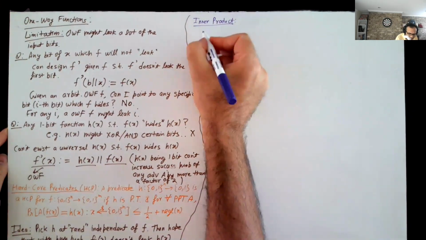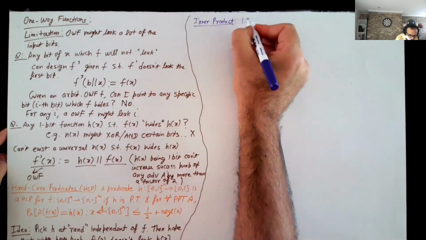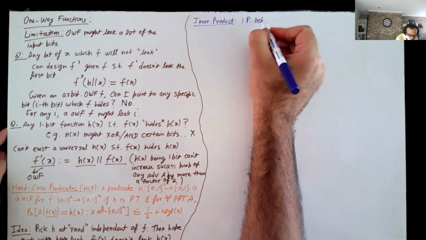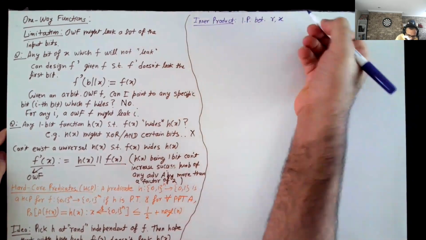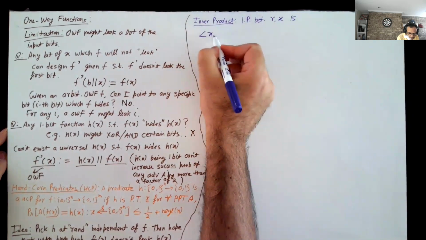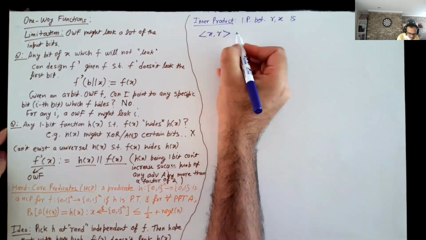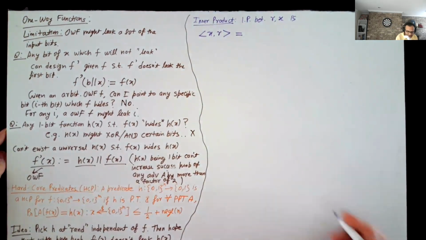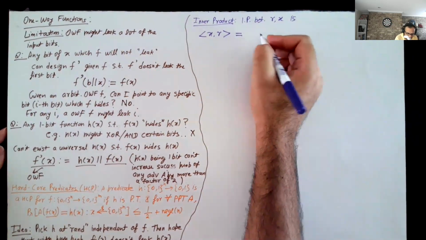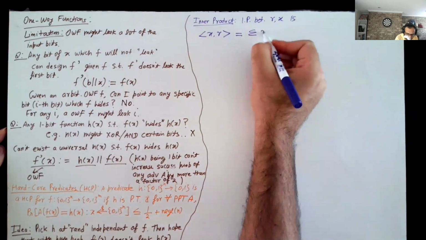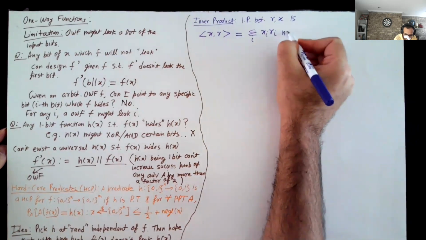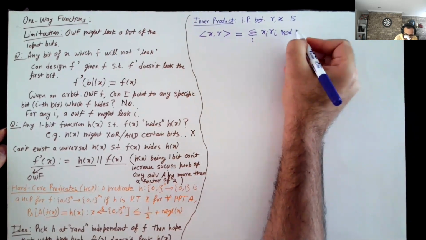Inner product, also represented as IP, between some strings R and X, is just equal to the summation of x_i r_i over all i, mod 2.